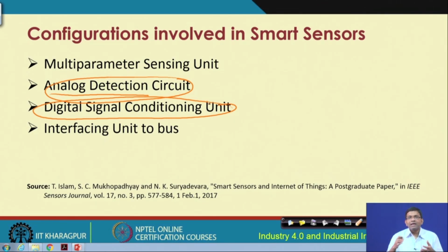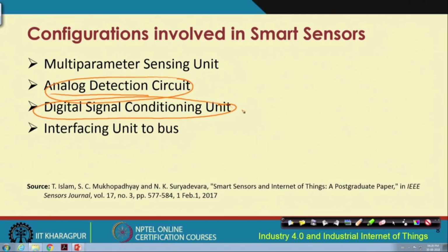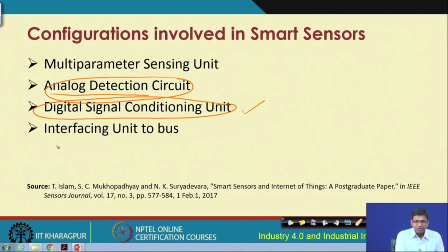This conditioning of the analog signals is done through different means, for example, amplification, filtering of the signals and so on, and then digitize, right. So, this is basically the work of the digital signal conditioning unit, and then you have the interfacing unit to the overall bus. This interfacing unit will help you to connect these different sensors to the information bus.